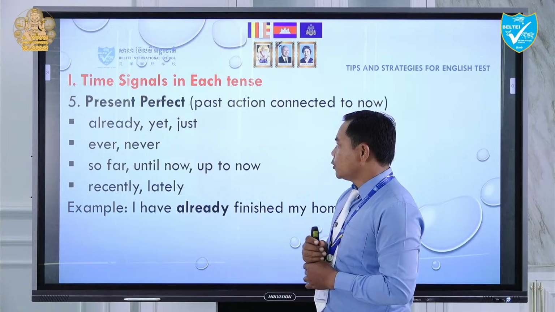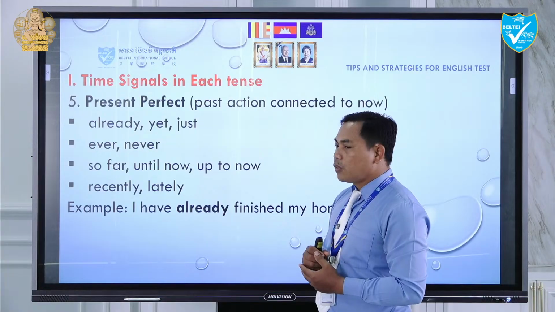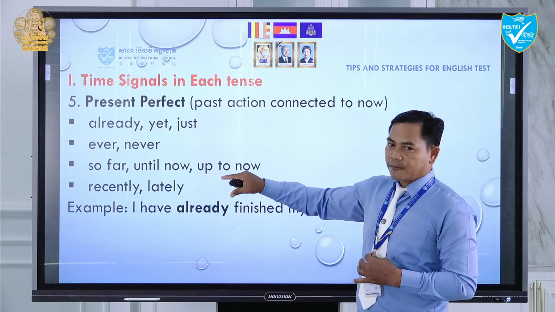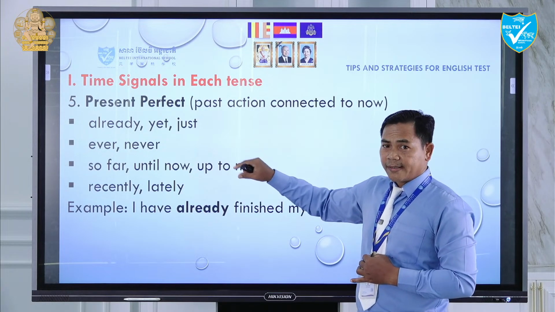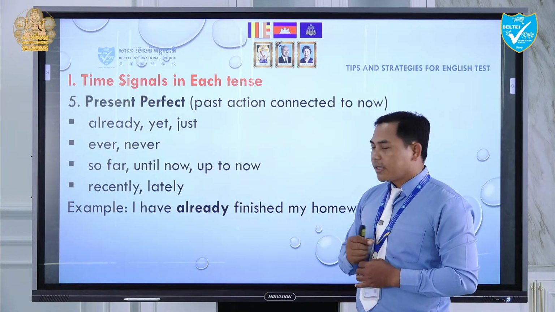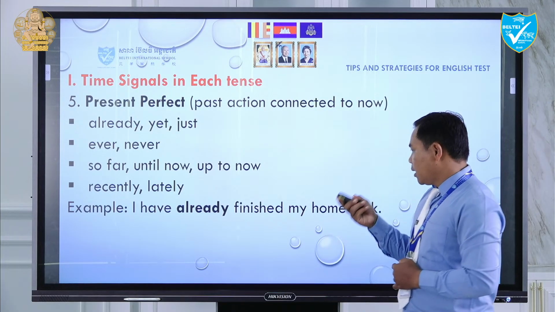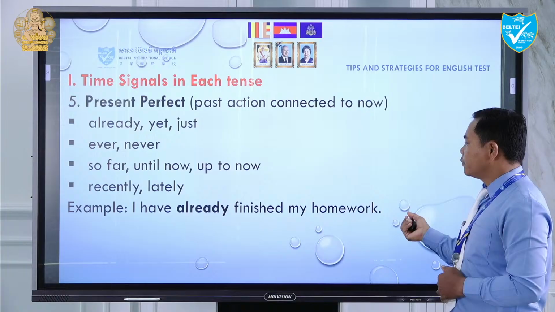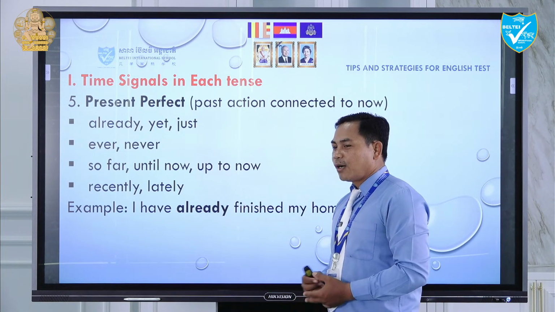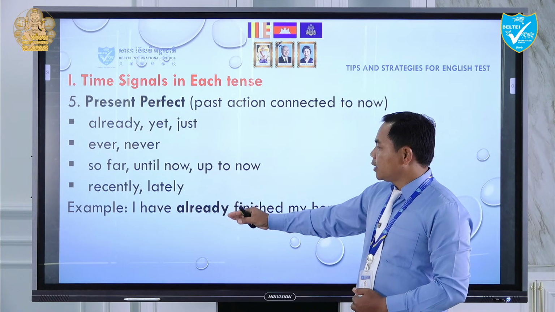Every tense has its own time signal, and time signals are one part that can help the candidate or student do the grammar quickly. I have already finished my homework. Already finished, but we are not sure when, an unspecific time, which is already here.